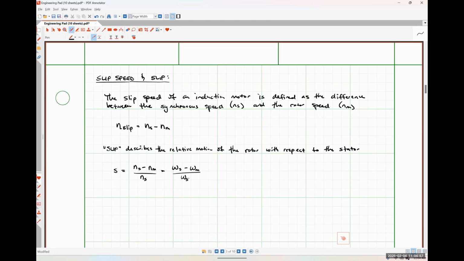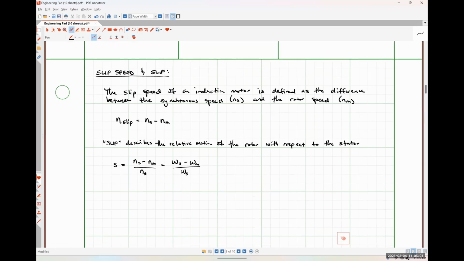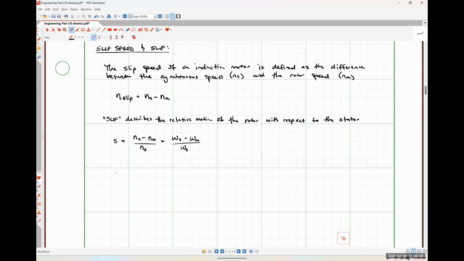So from here, we can manipulate this expression a little bit, okay? We could say that the quantity ns minus nm, which is just our slip speed, is nothing more than our slip s times our synchronous speed.